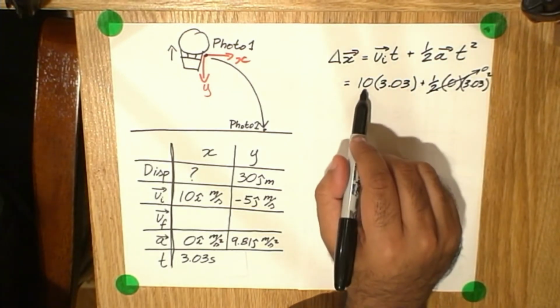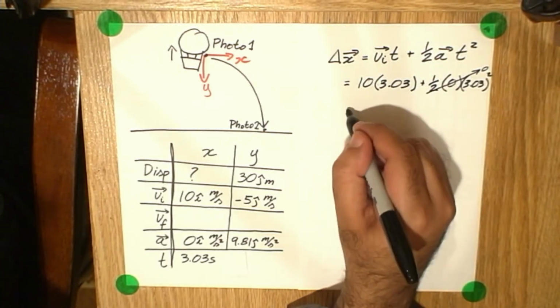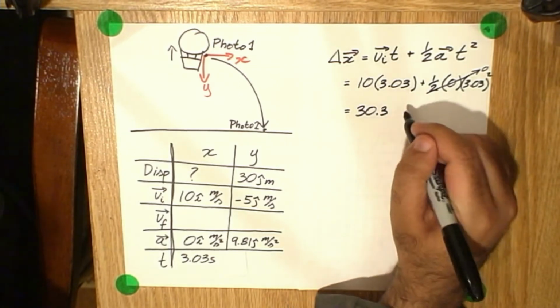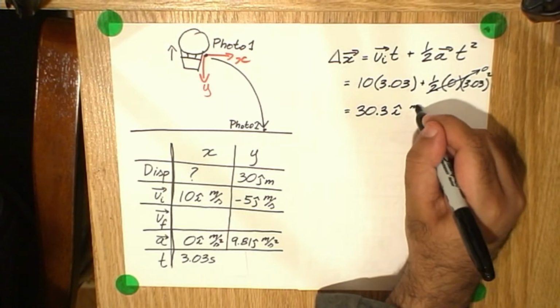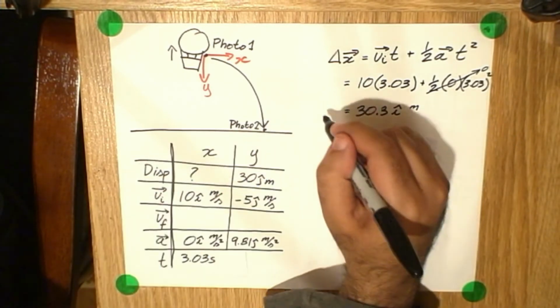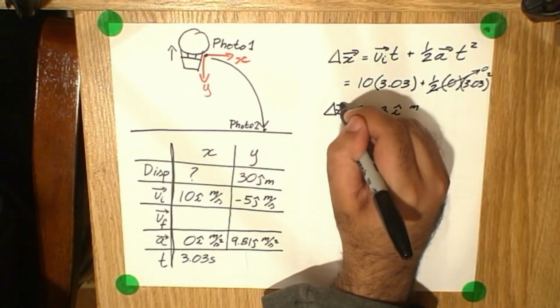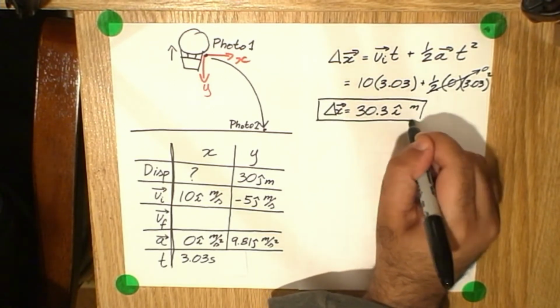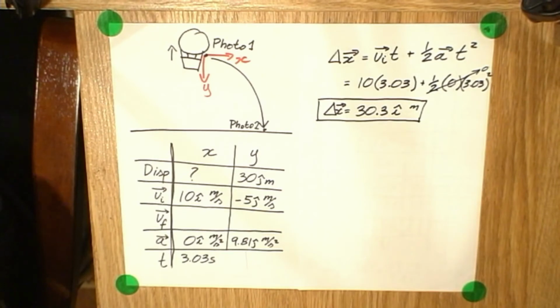So you'll be left with 10 times 3.03, which is 30.3 i hat meters. And now we have solved for how far away the balloon, or rather the ball, will land away from the balloon.